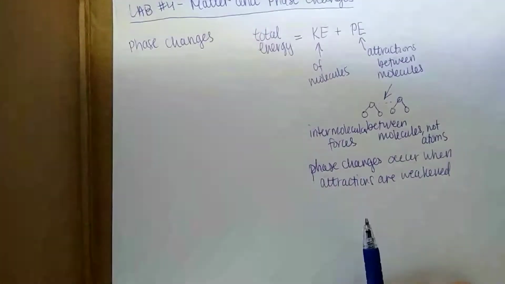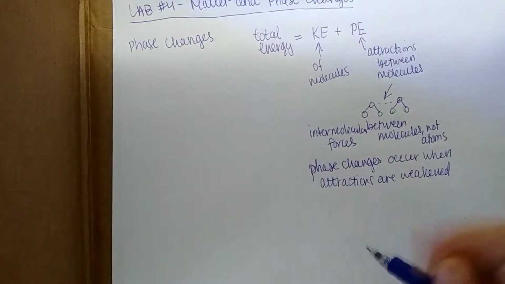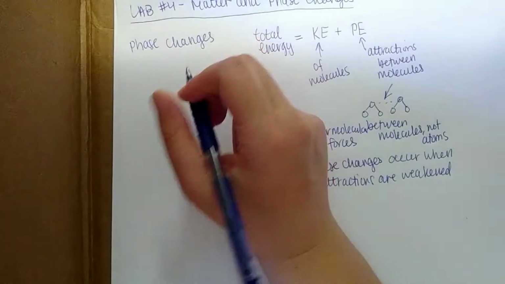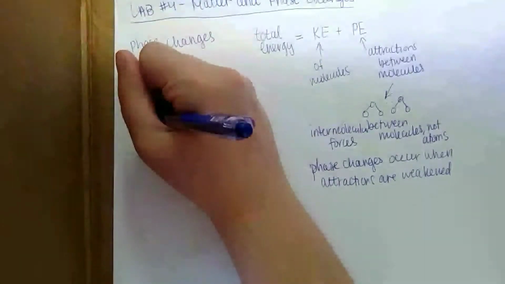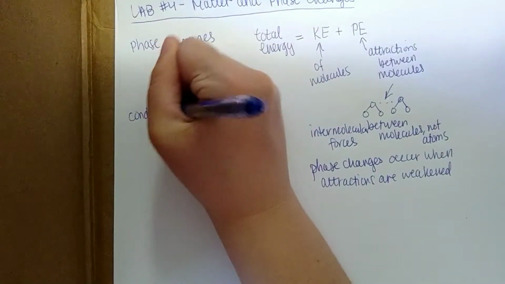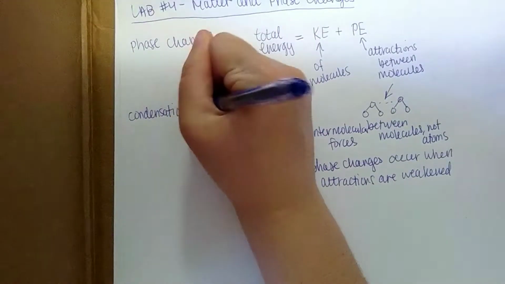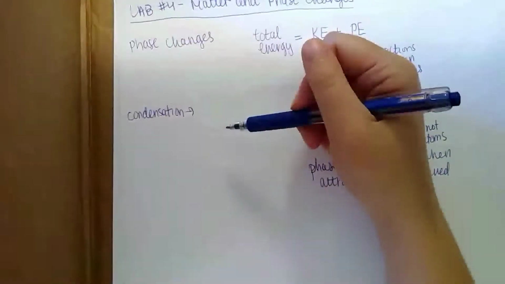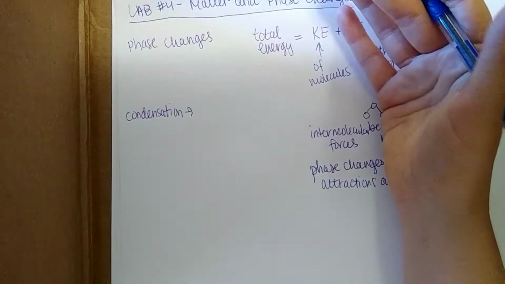Let me get a little bit more specific. They talk about a few different types of phase changes that you might not be familiar with. One you probably know is condensation. This happens, for example, when you leave a glass of water sitting on the table and it's hot outside, the gas from the atmosphere condenses onto the outside of the glass.